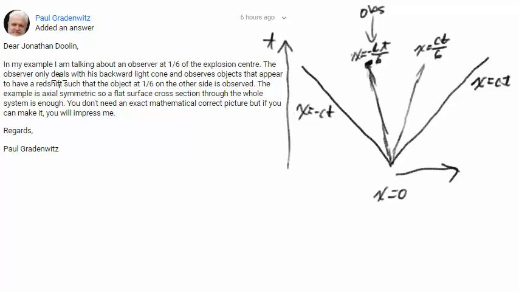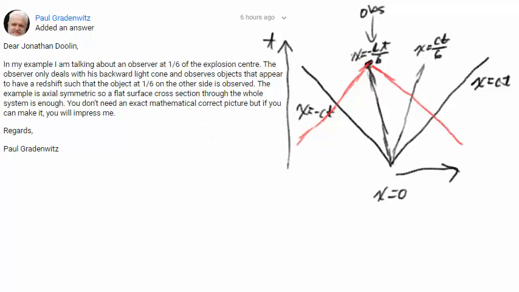Says the observer only deals with his backward light cone, of course. So we'd be looking at a light cone coming down this way and this way, and observes objects that appear to have redshift such that the object at 1/6 on the other side is observed.